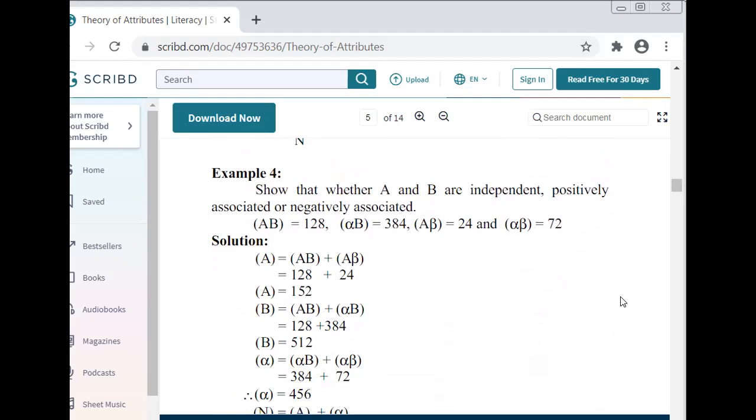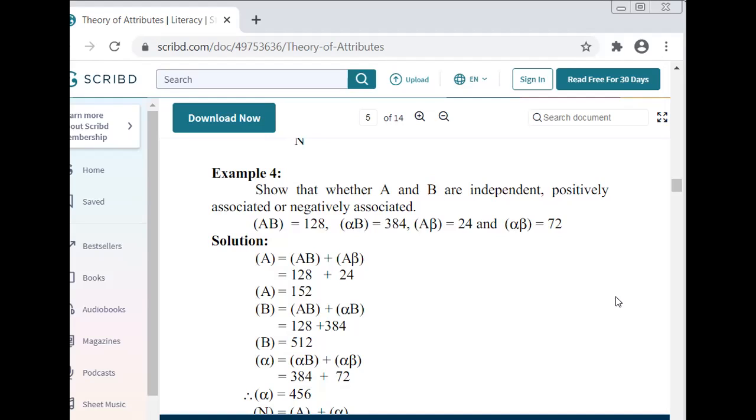Then based on the results, if both are equal it means independent, greater than means positive, and less than means negative. First of all, with the help of known values, you have to find all the unknown missing values. Here frequency of AB is given as 128, alpha B equals 384, A beta equals 24, and alpha beta equals 72.